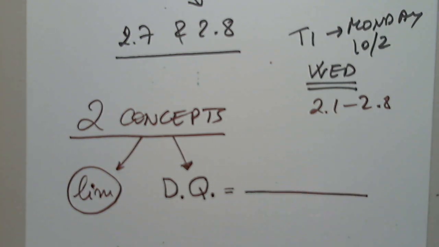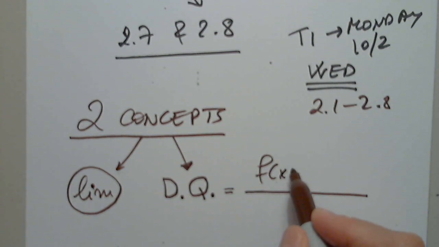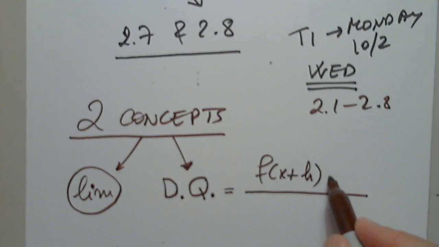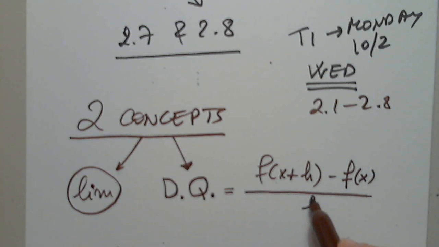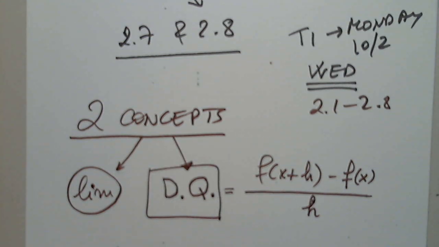Difference quotient. Anyone remembers it? f of x plus h minus f of x, all divided by h. That's it. These were the major concepts that we looked at.